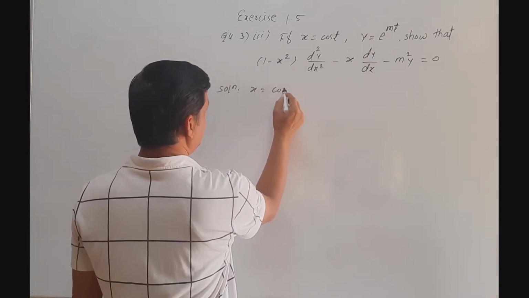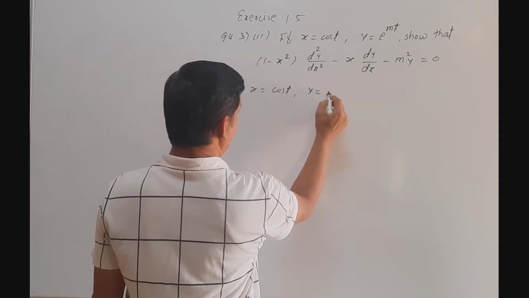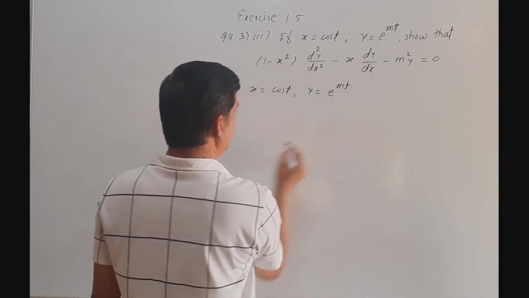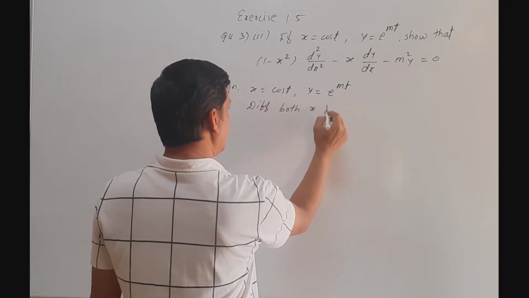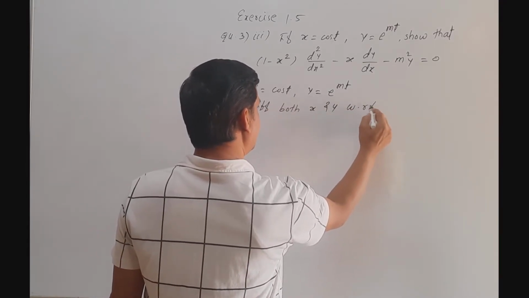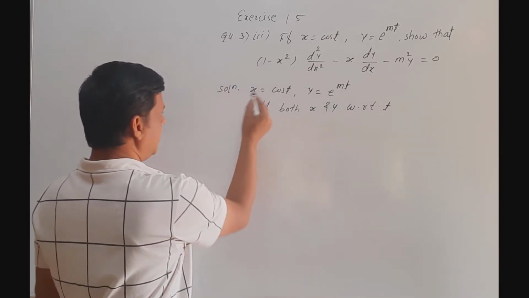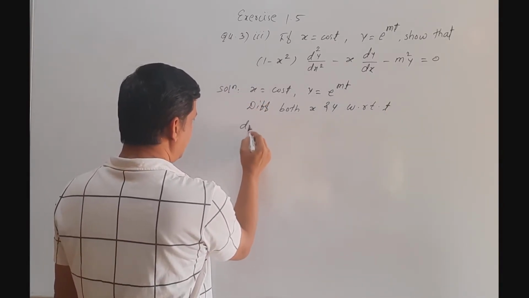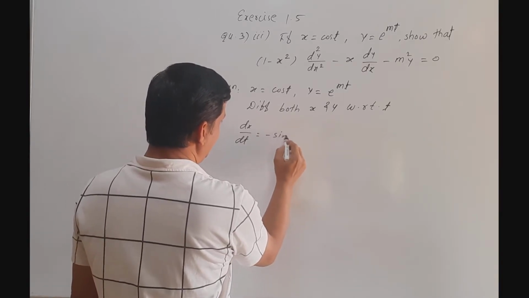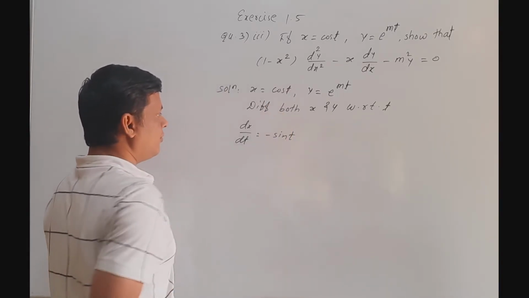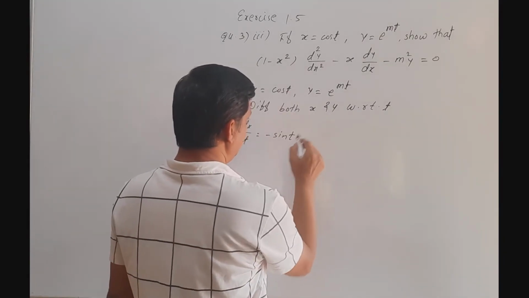x is equal to cos t, y is equal to e raised to the power mt. Differentiate both x and y with respect to t. So derivative of x with respect to t, we write dx by dt is equal to minus sin t, because derivative of cos t is minus sin t.